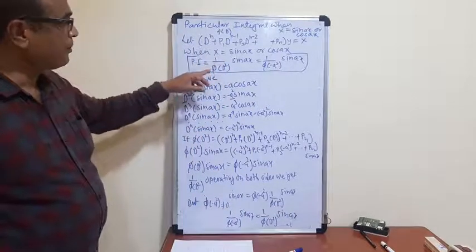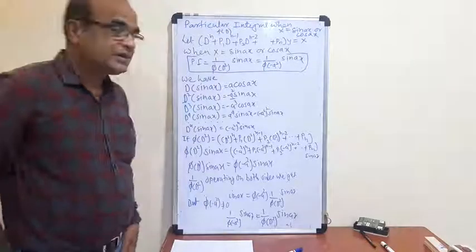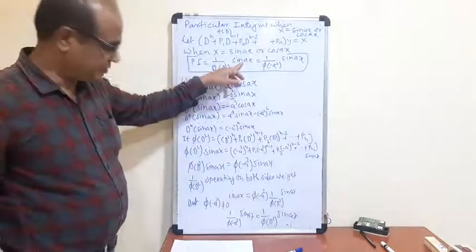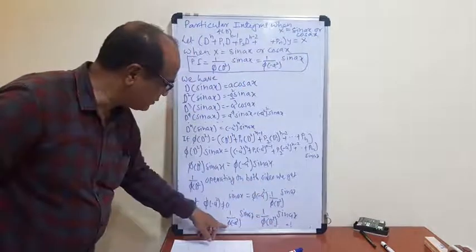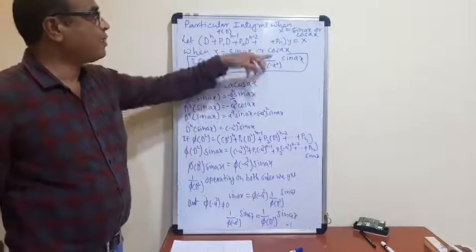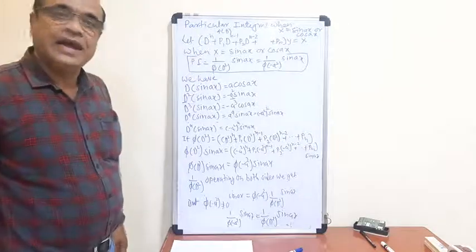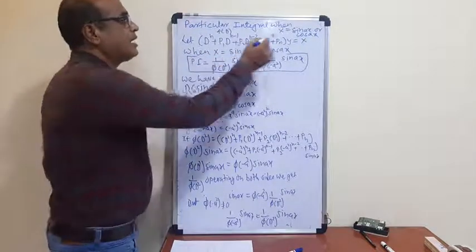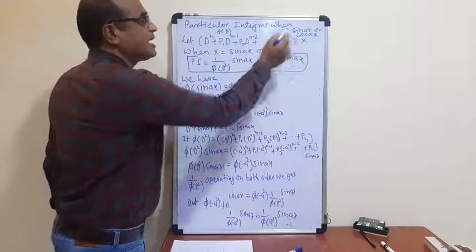So 1 upon phi of d square sin x is equal to 1 upon phi of minus a square sin x. This is the particular integral when x is sin x.